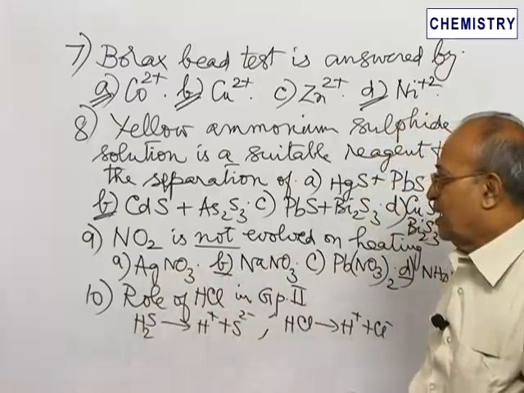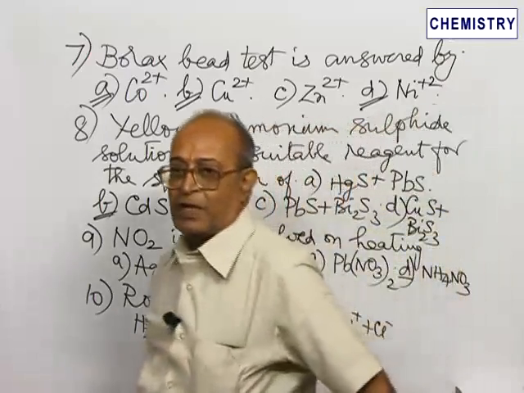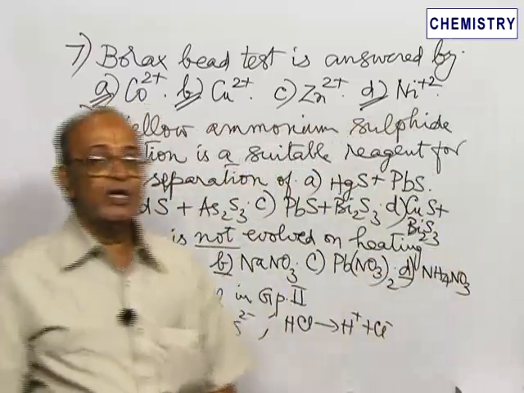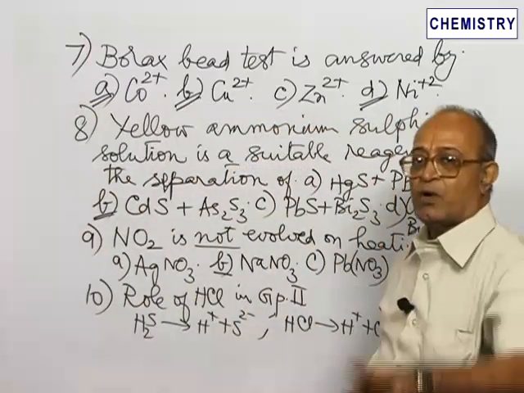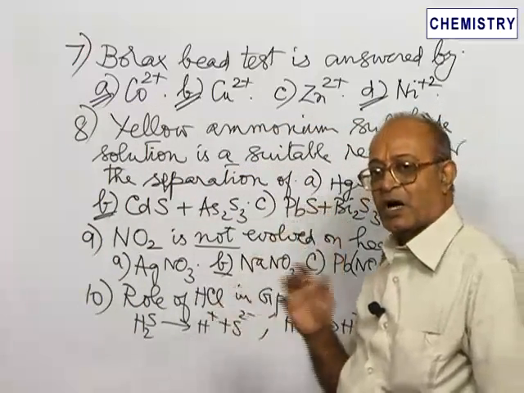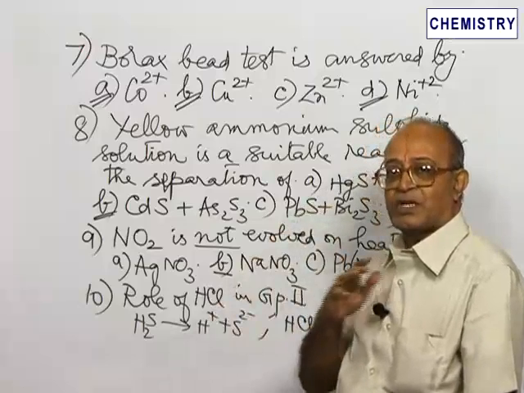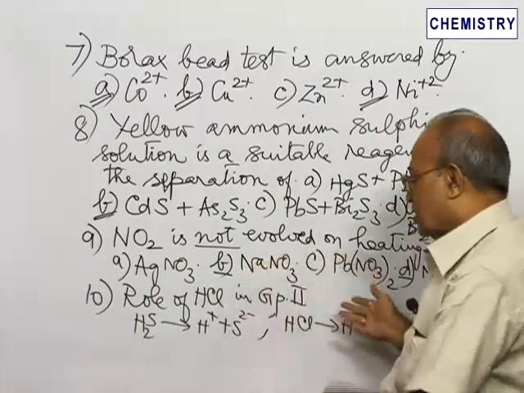separately. The question is, in which case NO2 is not evolved? NO2 is a brown gas, you know. By heating which salt NO2 is not evolved. Now, for this you should know the reactions.